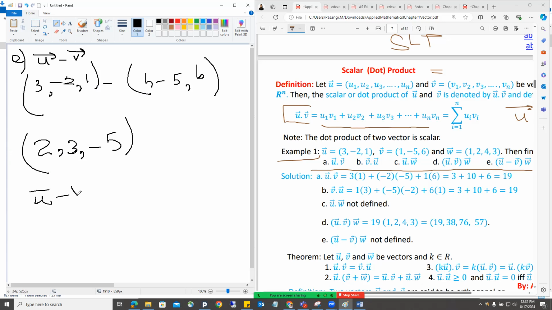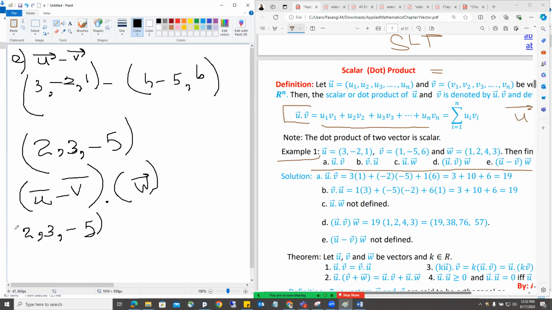Then we need to take the dot product of U minus V vector with vector W. Okay. Then 2, 3, minus 5.